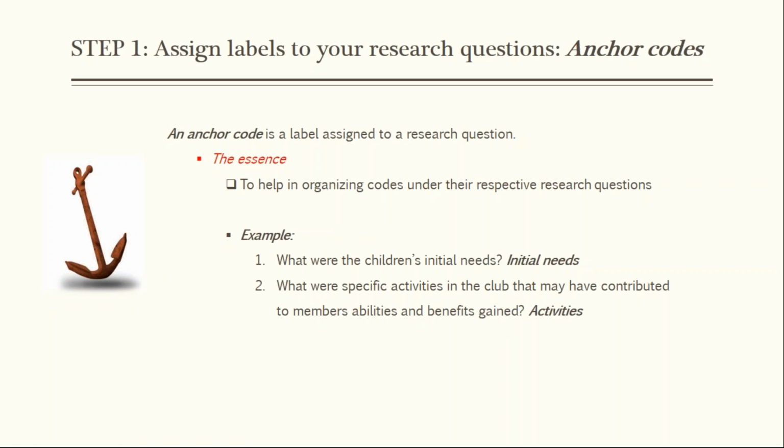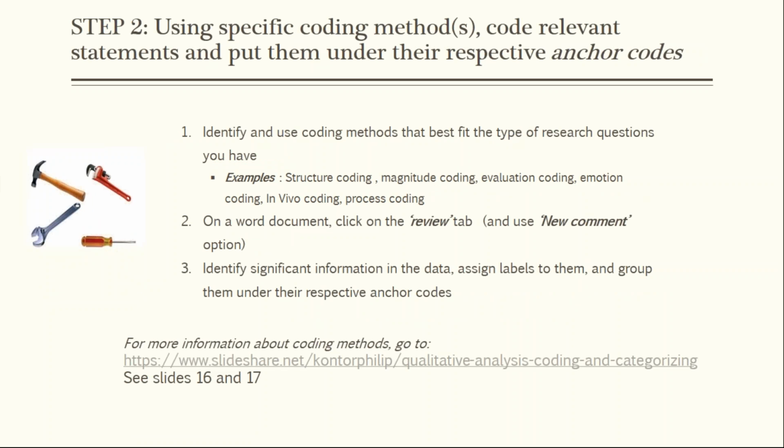You can see that it focuses on activities, so your anchor code will be activities. So you have to label your research question. Next, what do you do? Using a specific coding method, you identify significant information, label that significant information from the data, and bring it under the anchor codes that you have generated, right?